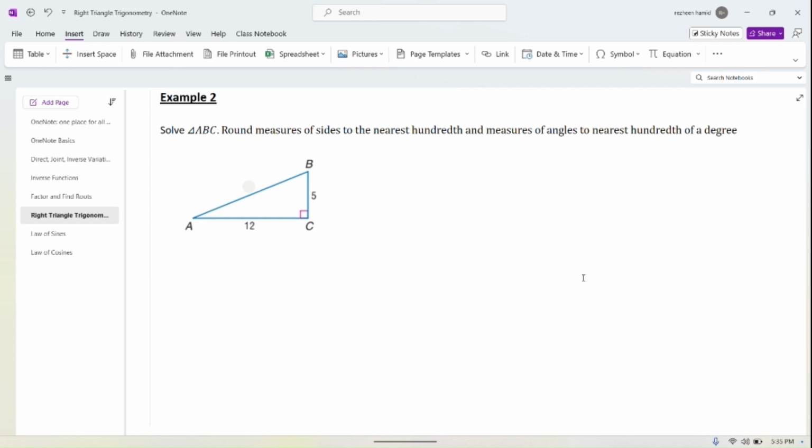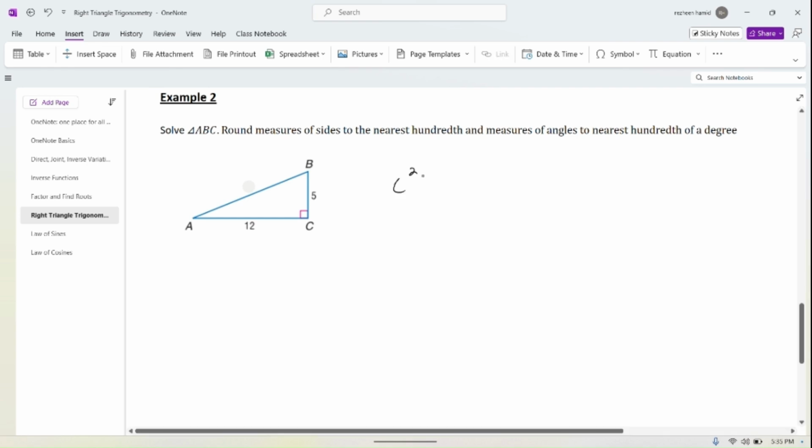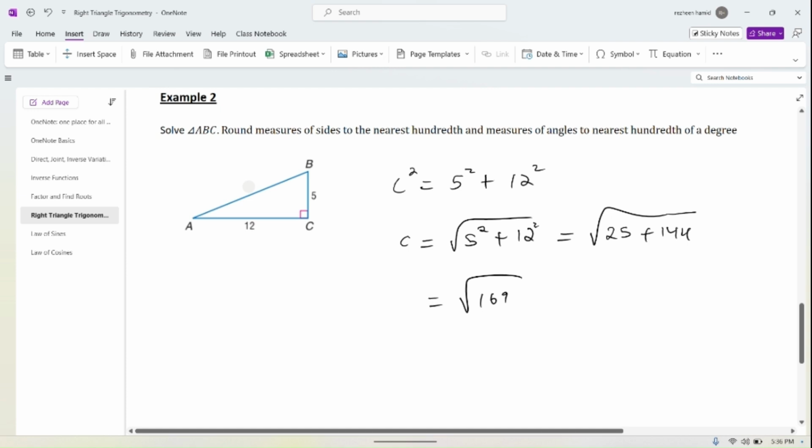We know only two sides, and we're solving for the hypotenuse as well as angles B and A. The hypotenuse is c. c squared equals 5 squared plus 12 squared, so c equals the square root of 25 plus 144, which is the square root of 169, and this equals 13.